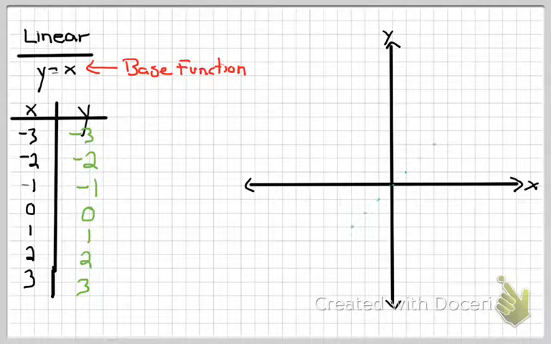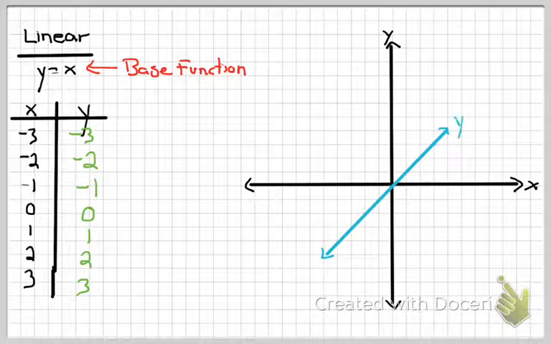Once you have those points, you can go ahead and connect them, and what we get is a straight line, meaning it's linear. Always make sure you label. Not only do you need to label your graph, make sure that you also label your axes, your x and y axes.